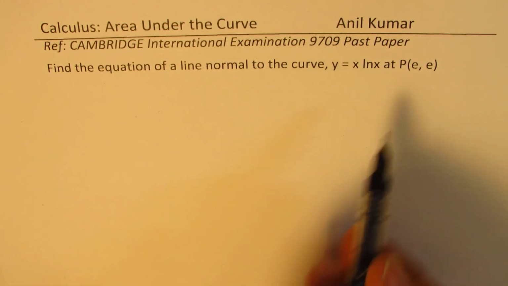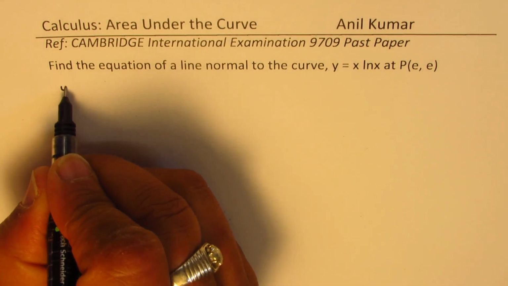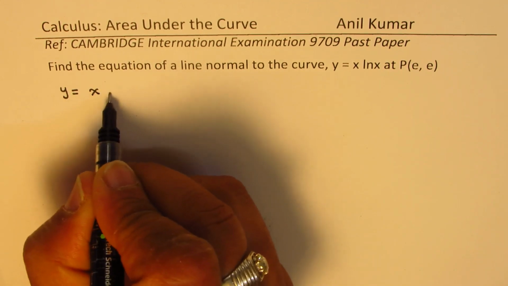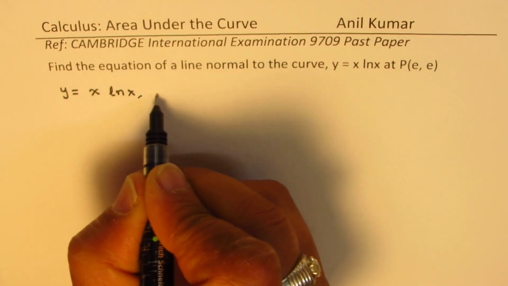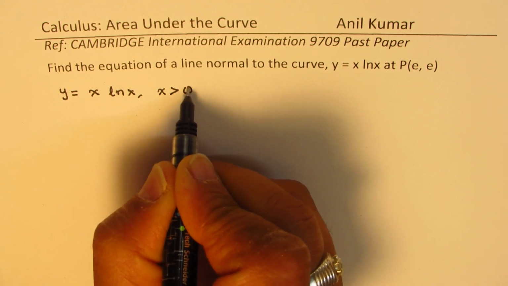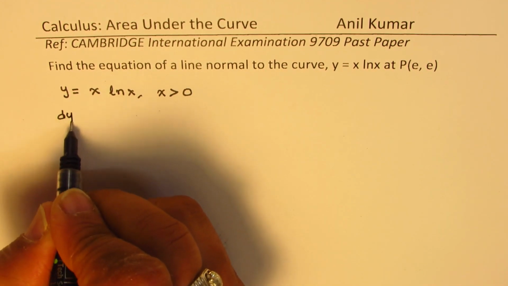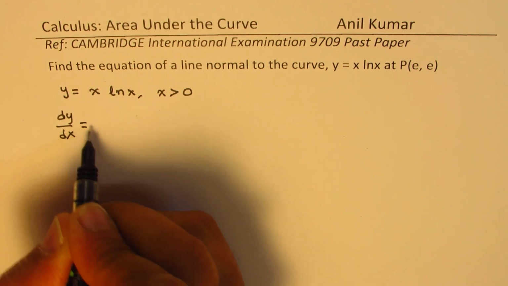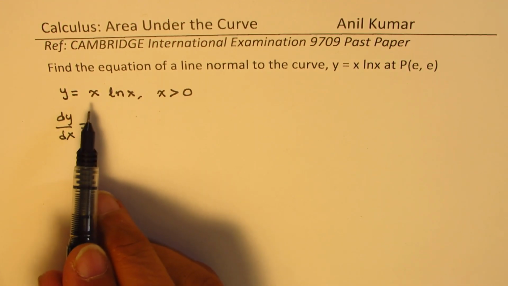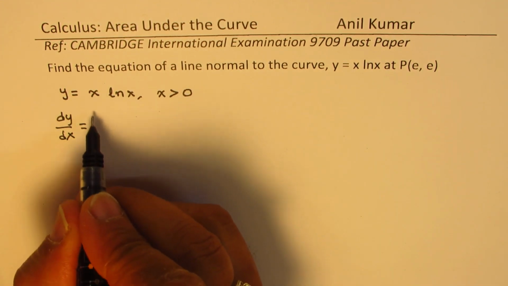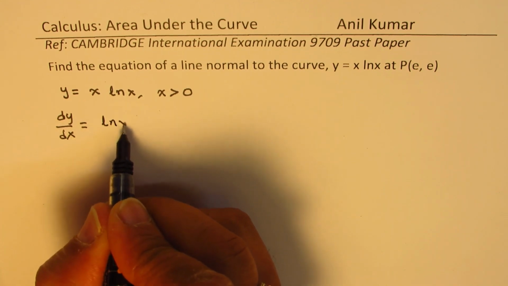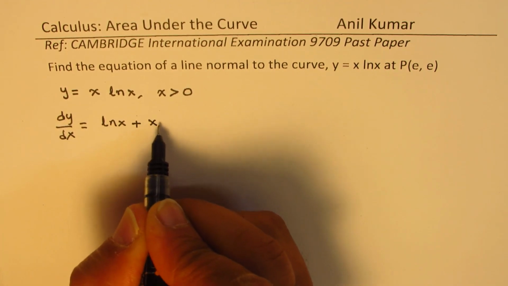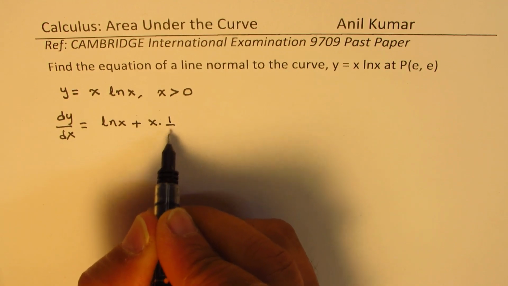We are given the curve y equals x ln x, and we know that x is greater than 0. Now dy/dx, the derivative, we can do with the product rule. So 1 times ln x plus x times the derivative of ln x, which is 1 over x.